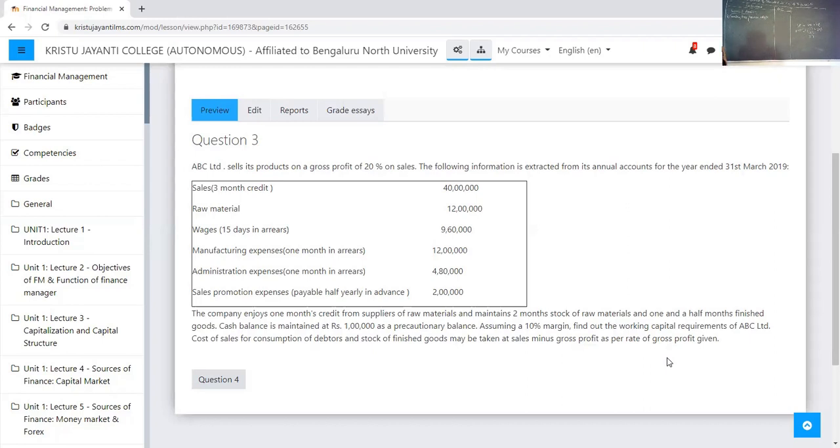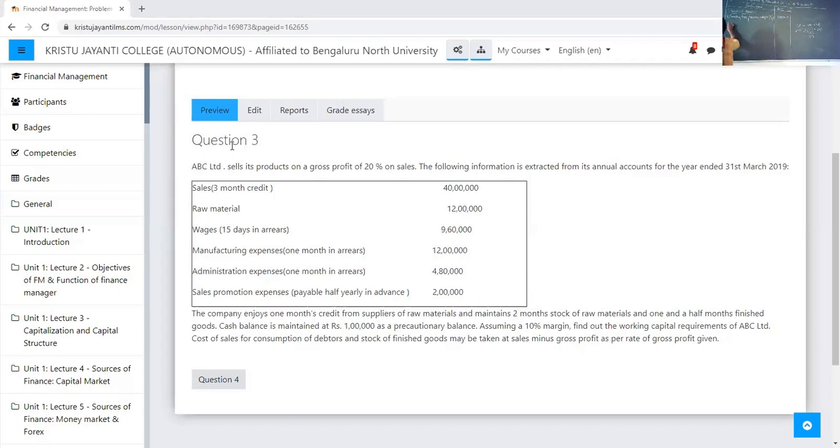So what will I do? 3 divided by 12. 40 lakh into 80% into 3 by 12 is how much? 8 lakhs. Okay, so it is 8 lakhs.